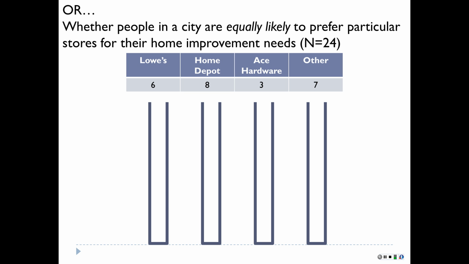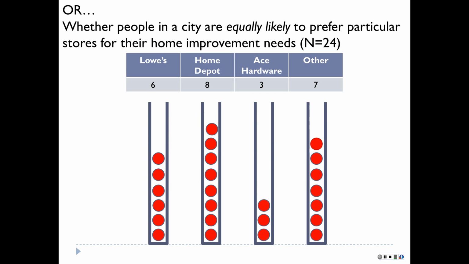So let's think about binning. You've got 6 people here, 8 people here, 3 people here, and 7 people here. A uniform distribution for 24 people would say there should be 6 in every category, right? 24 observations, 4 categories, would be 6 per category.